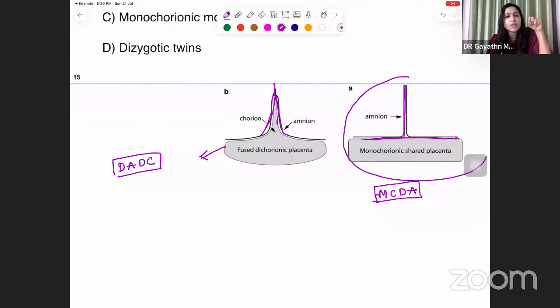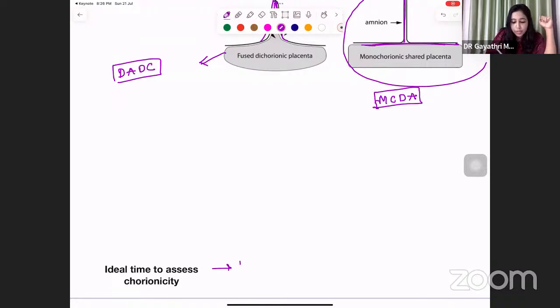When do you assess for this chorionicity? The assessment of chorionicity is usually done between 11 to 14 weeks. Why do I assess for chorionicity? What is the importance of diagnosing this early? Chorionicity is important because the prognosis depends on chorionicity.